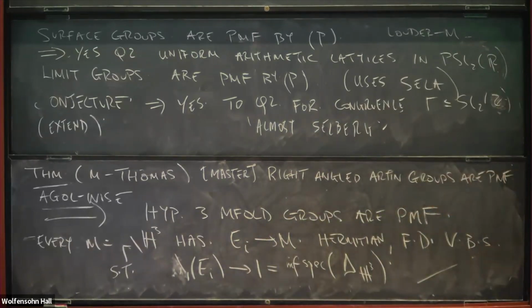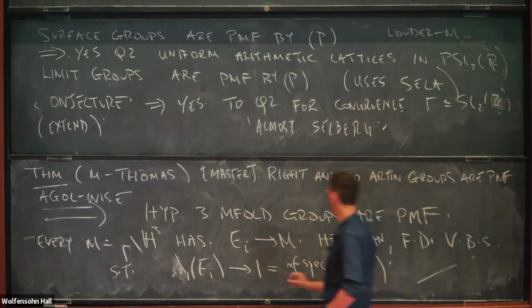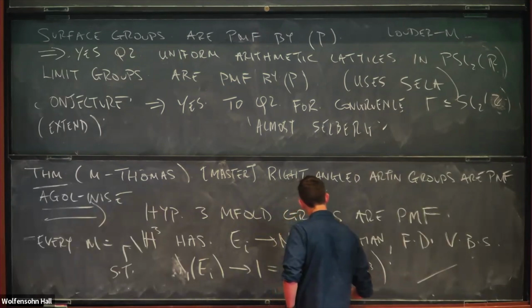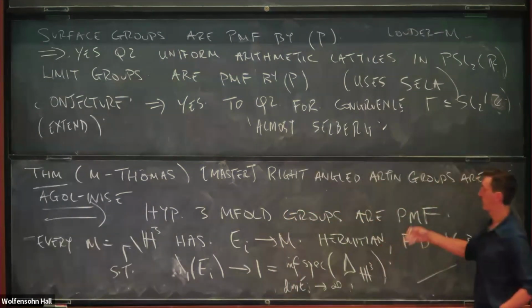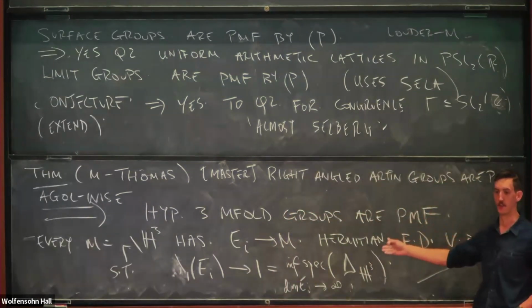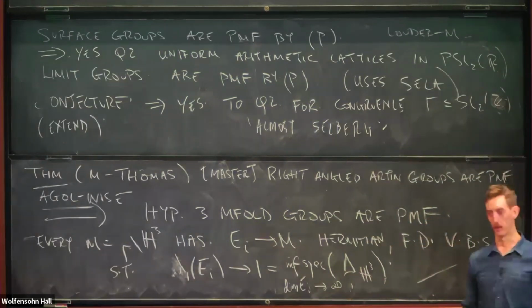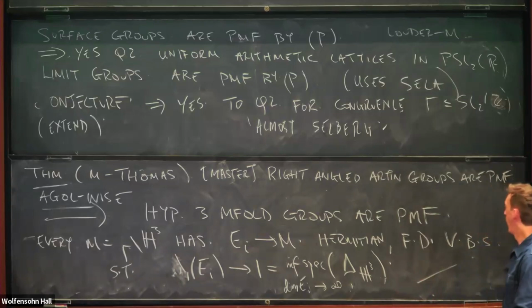Hopefully I've actually stated this right. And the dimension tends to infinity. So this is like some kind of strengthening of the Agol-Wise theorem that the hyperbolic three manifold groups are virtually large. I'll stop here. Thanks for your attention.